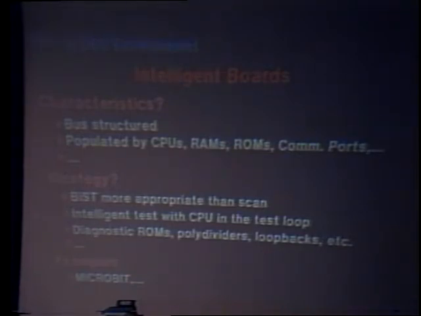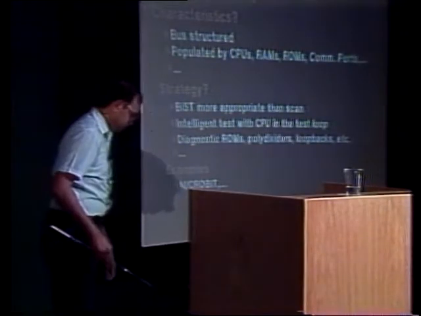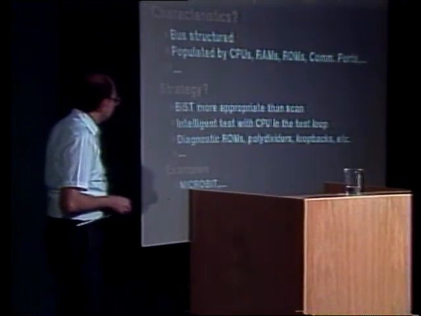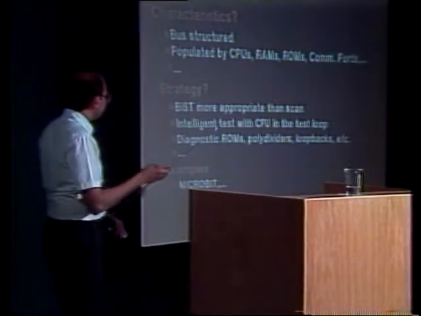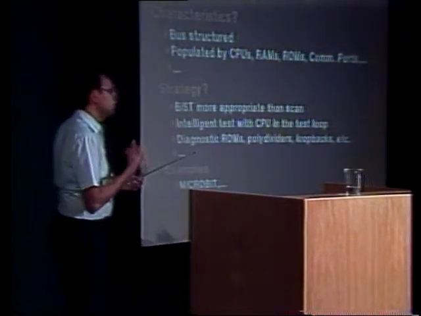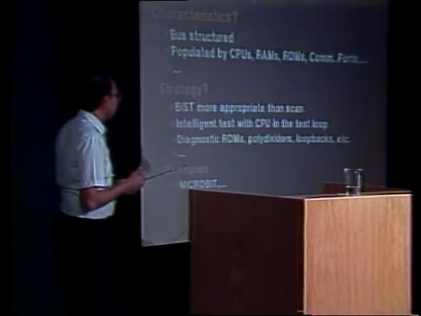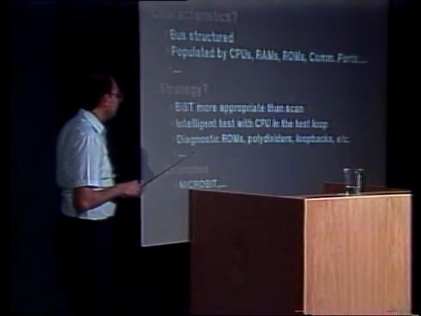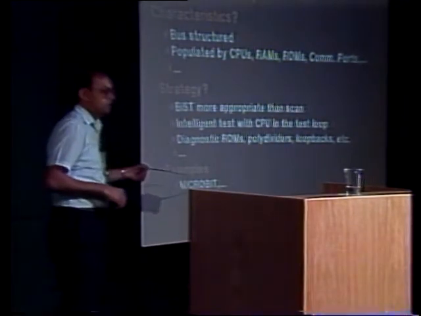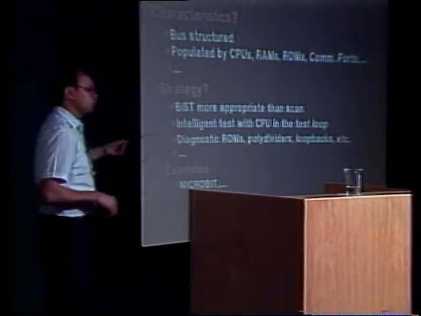In fact, I could almost state a little line here that intelligent things require intelligent tests. So one approach would be to keep the CPU in the test loop and maybe add some diagnostic ROMs, polydividers, loopbacks, etc. Now, this is what we were doing yesterday, and I think for some time to come, this is what we may have to continue to do.